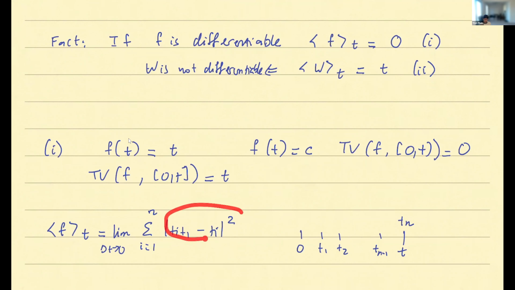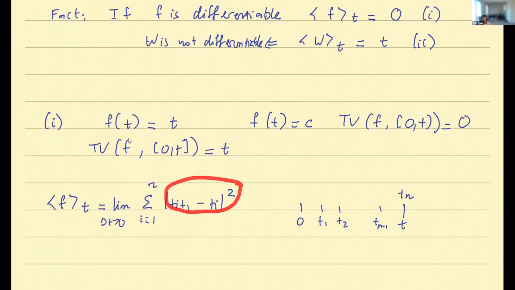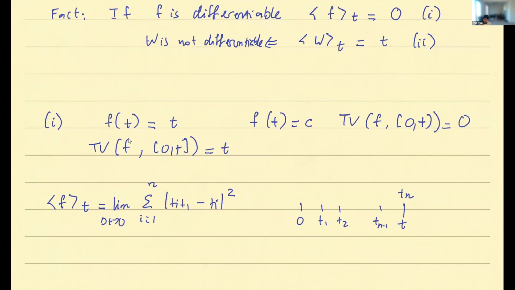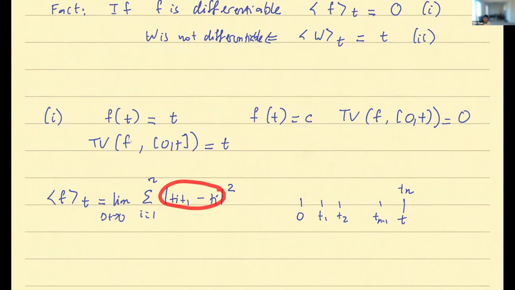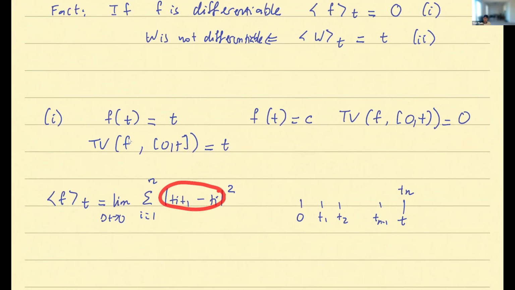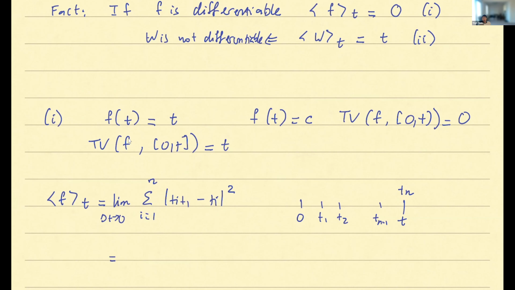So how big is t_{i+1} minus t_i? Yeah, not only very small, but it's t over n, if we do an equal length grid.